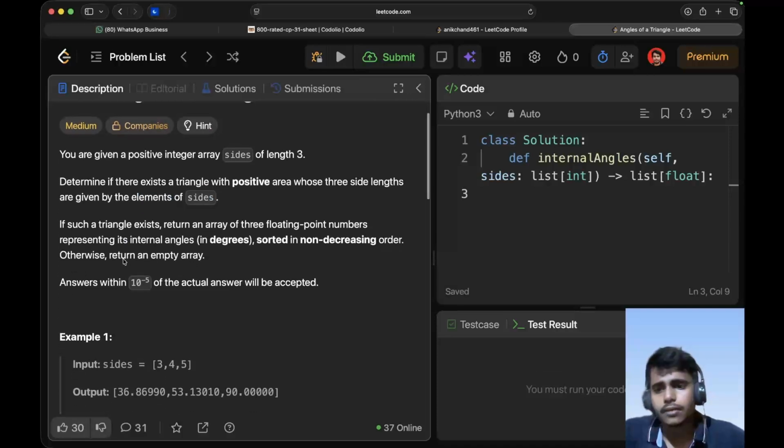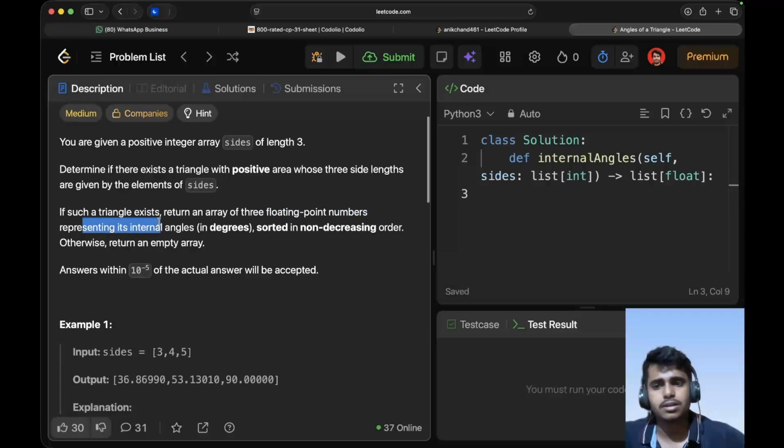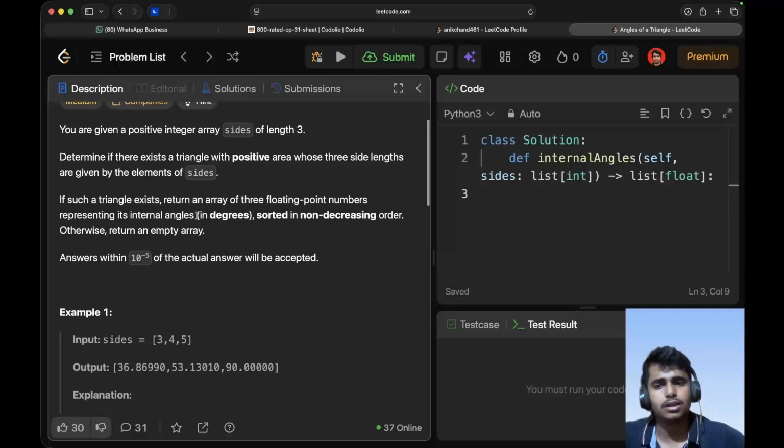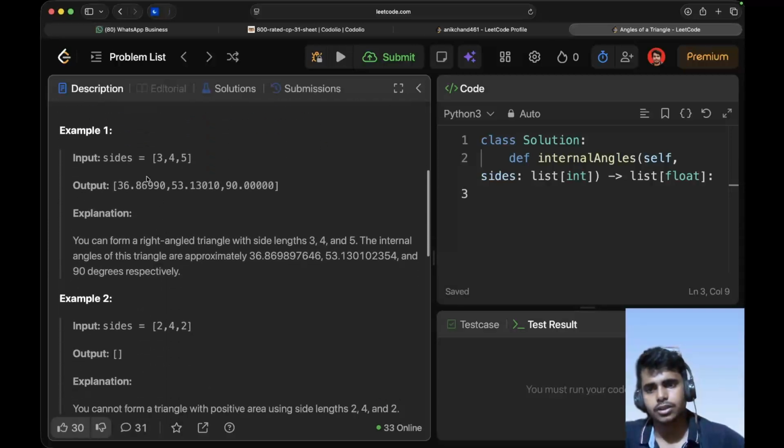If such a triangle exists, return an array of three floating point numbers representing its internal angles in degrees, stored in non-decreasing order. Otherwise, return an empty array. An answer within an acceptable error will be okay.